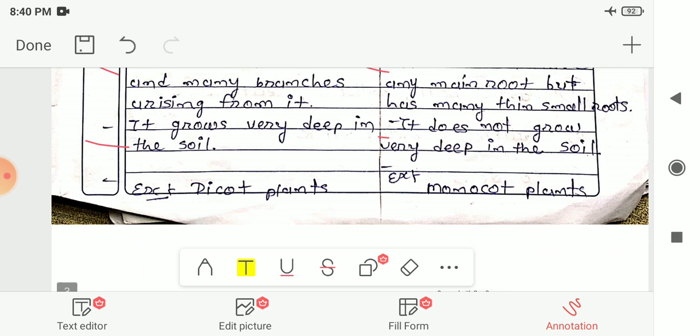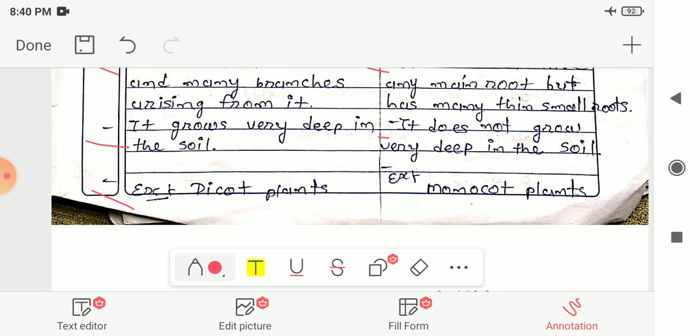And last, the examples of plants having these kinds of roots: dicot plants have taproots and monocot plants have fibrous roots. So this one is our question number 3A. Differentiate between the following.